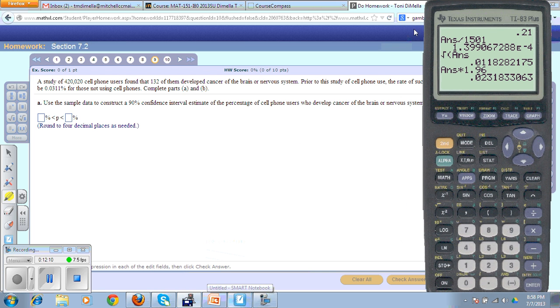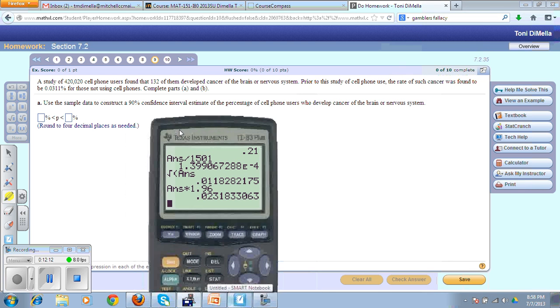In MyMathLab, number 9, and it's a little bit of a pain, it says a study of 420,020 cell phone users found 132 of them developed a cancer in the brain or nervous system. They've been talking a lot about this lately. They said to keep your cell phone like 6 inches away from your head or something. Now, prior to this study, they found that the rate was this relatively small percentage of 0.03112.